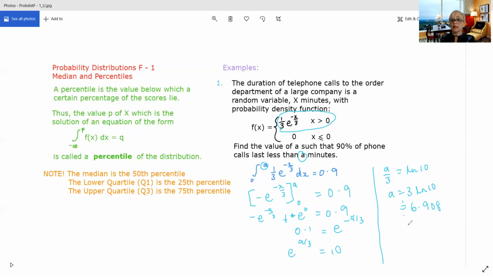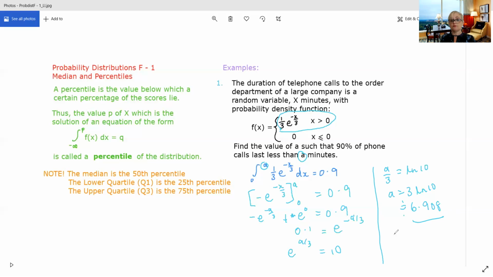6.908. Now, it is appropriate to get an approximation for this question because it's a real life situation. Nobody's going to thank you for giving you an answer 3 natural log 10. They're going to say, well, okay, what does that mean? So getting an approximation here as well as the exact value is perfectly appropriate.